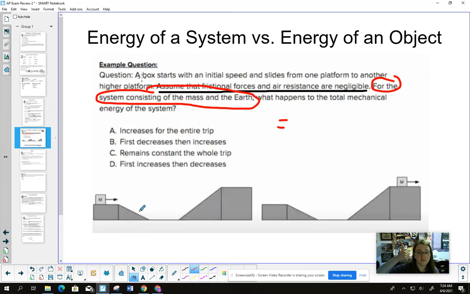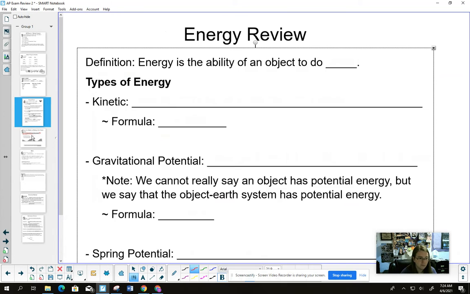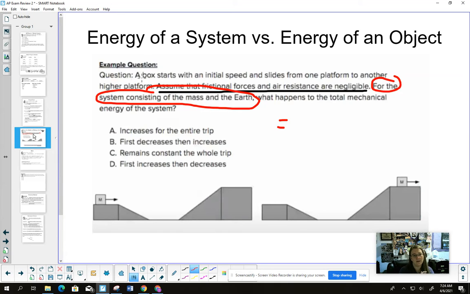Now, because this box is in motion, and because we are talking about the system consisting of the mass and the Earth, what energies are at play here? We listed them all out here. What mechanical energy is going to be at play here? Well, we're going to have kinetic energy. This is the total mechanical.